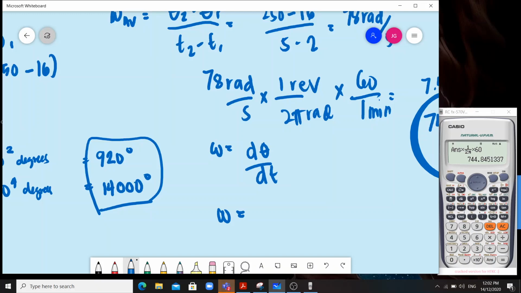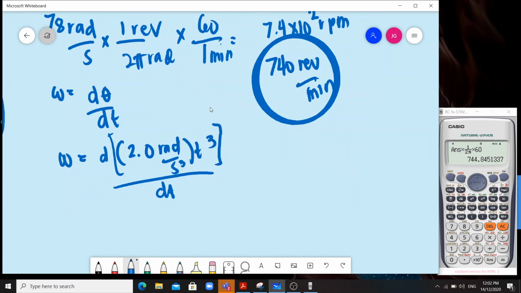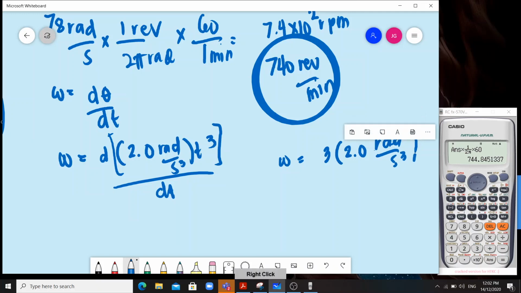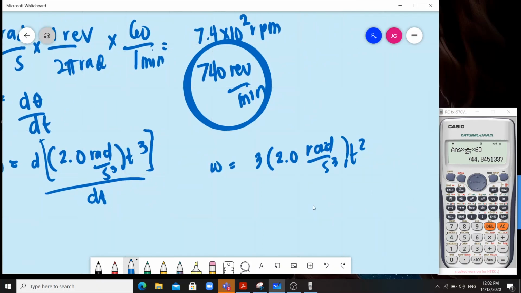So omega is the derivative of 2.0 rad per second cubed t cubed with respect to t. Deriving it, omega is 3 times 2.0 rad per second cubed times t squared.